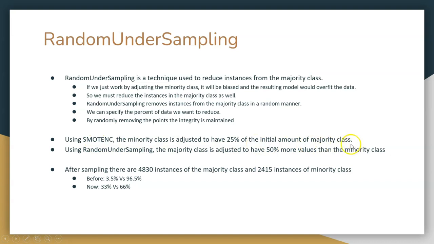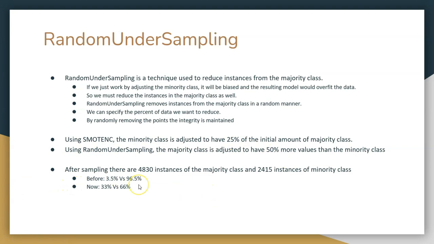Okay, so using SMOTE-NC, the minority class is adjusted to have 25% of the initial number of majority class. Using undersampling, the majority class is adjusted to have 50% more values than the minority class. So let's look at the actual numbers so you understand this 25% and 50% clearly, right?